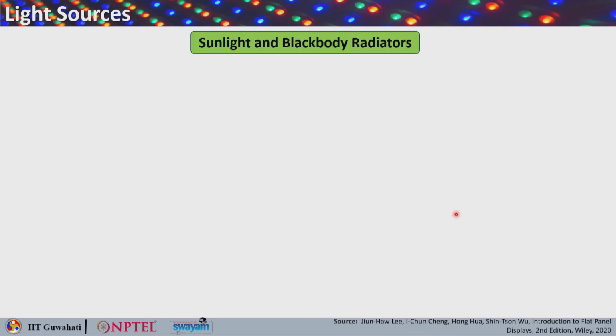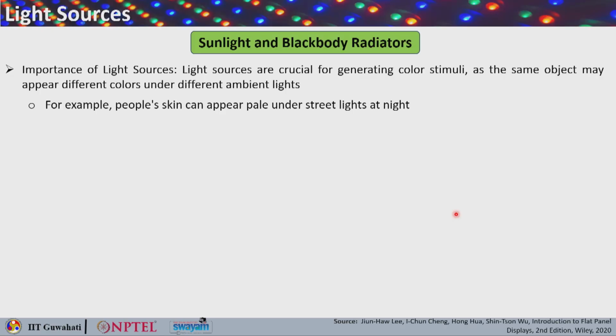Now, we move on to color sources. So, what are the different color sources? The first one is sunlight, and we will also talk about black body radiators. That is important to understand how different color sources work.